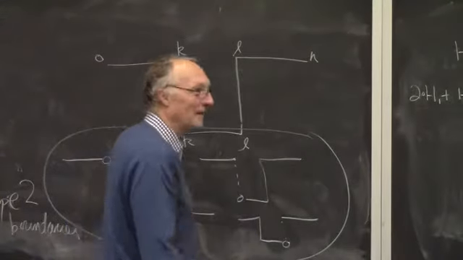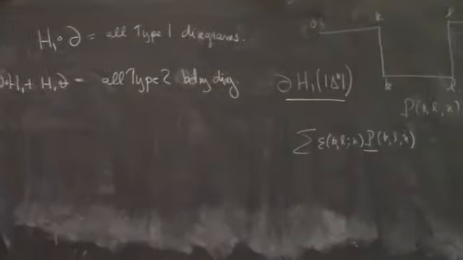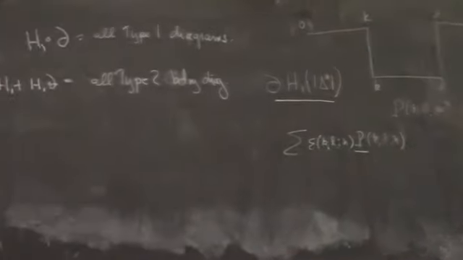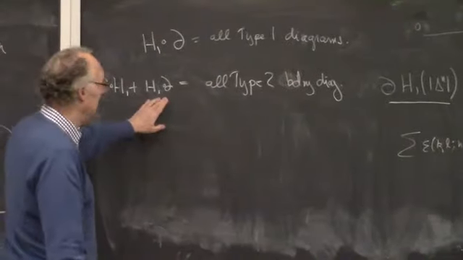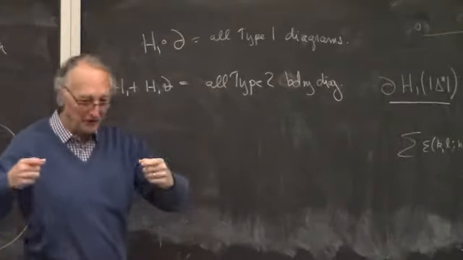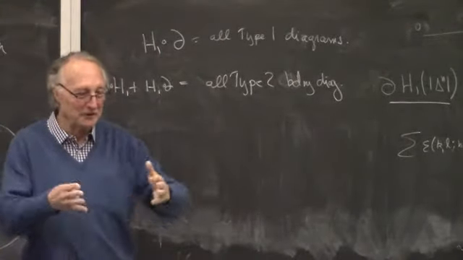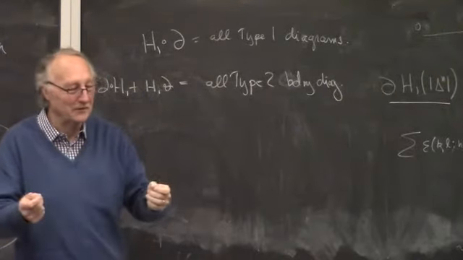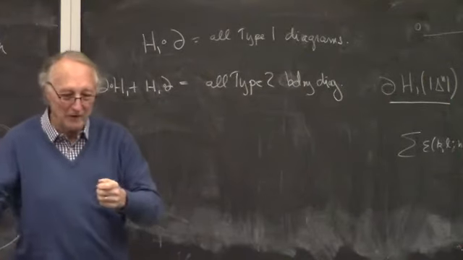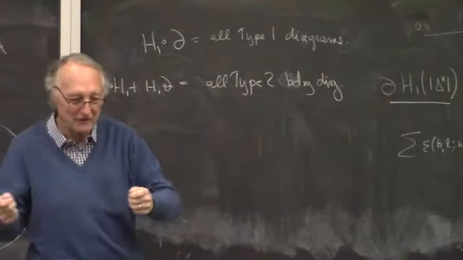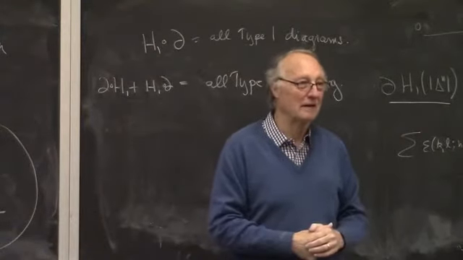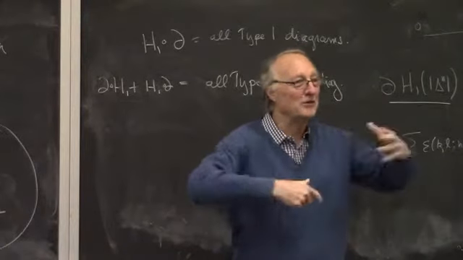Sorry, explain why again. H1 composed with boundary only has type 1 boundaries, why doesn't it have type 2 boundaries? Oh, because the process is you first take the boundary of the simplex. That means you look at one of the faces. You're looking at the I face. When I include that face in the entire simplex, I get the face that does not include the vertex I. Now I do my division in diagrams.